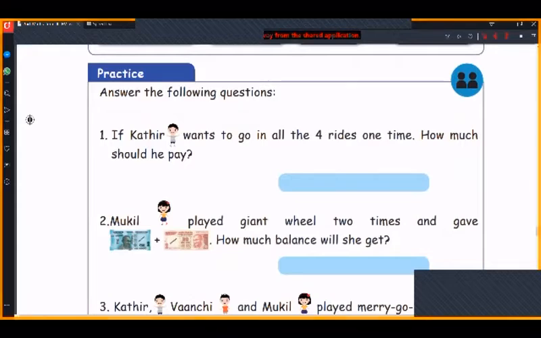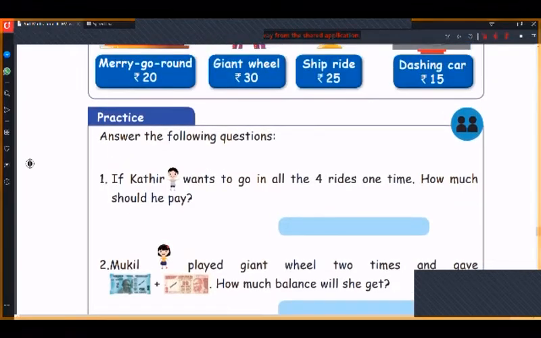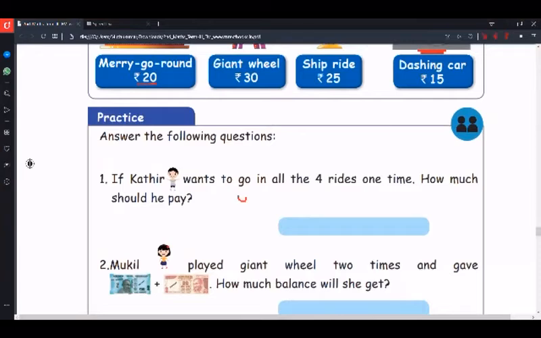So what are the 4 rides here? Merry-go-round. How much does it cost for one time? 20 rupees. So write 20. The next one is giant wheel, isn't it? It costs 30 rupees.